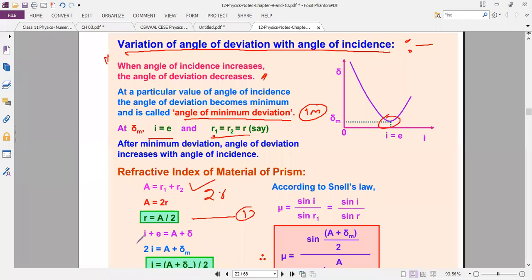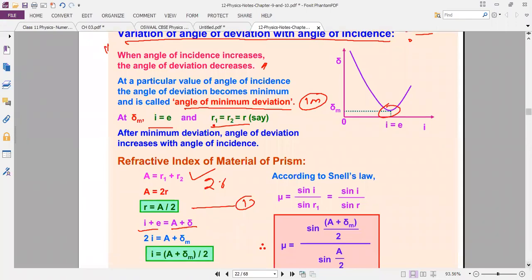Before, we verified that the sum of angle of incidence and angle of emergence is equal to the angle of the prism plus the angle of minimum deviation. So I plus E, where I and E are equal, gives 2I equals A plus delta M. Then I equals (A plus delta M) by 2.